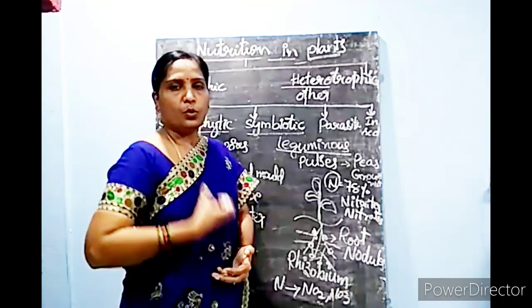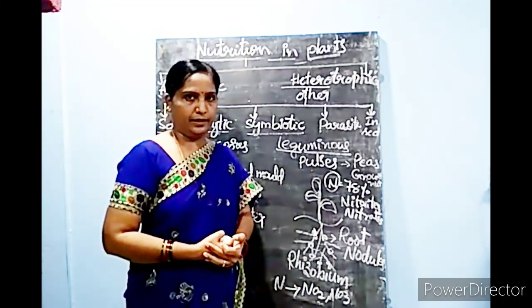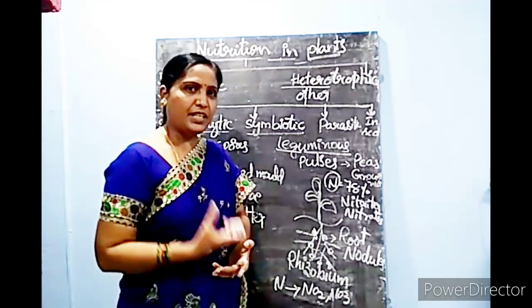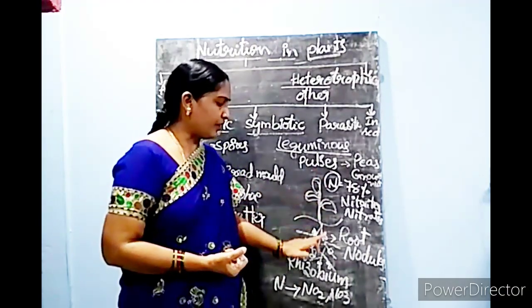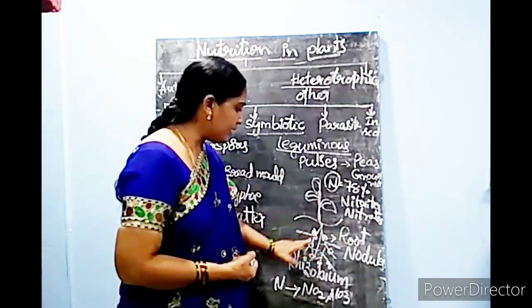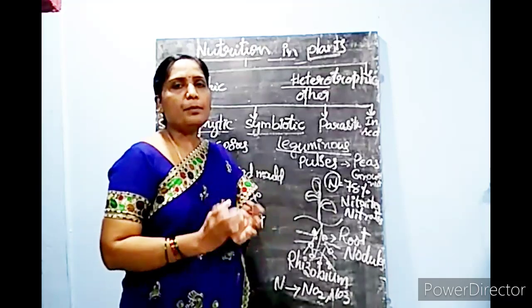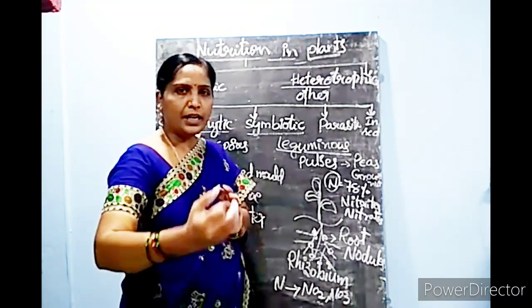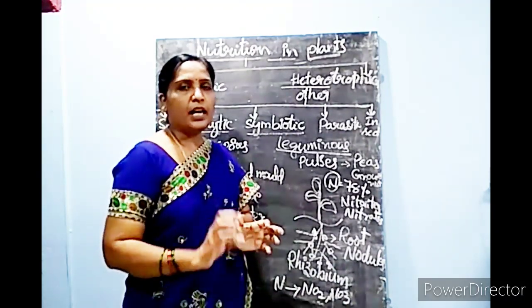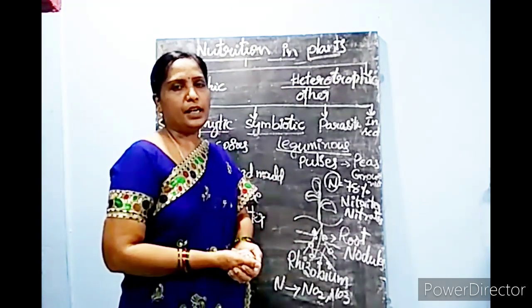In return, what is the Rhizobium bacteria getting from the legume plant? It's taking shelter from the legume plant. It's living on these roots. So they are mutually getting benefit, understanding each other. I'll give shelter to you, you give me nitrite and nitrate.